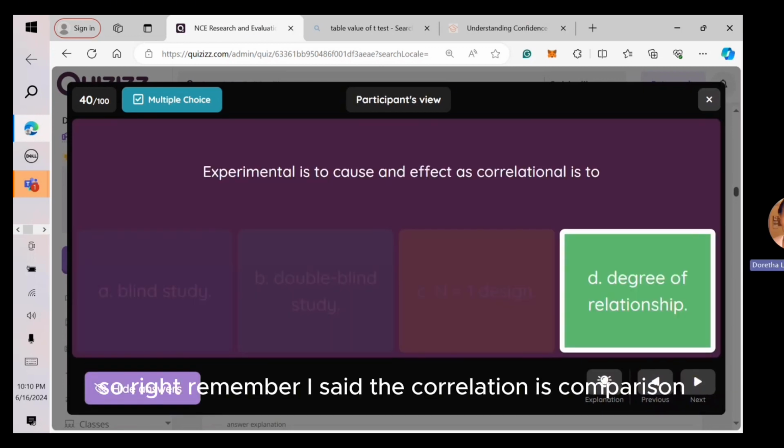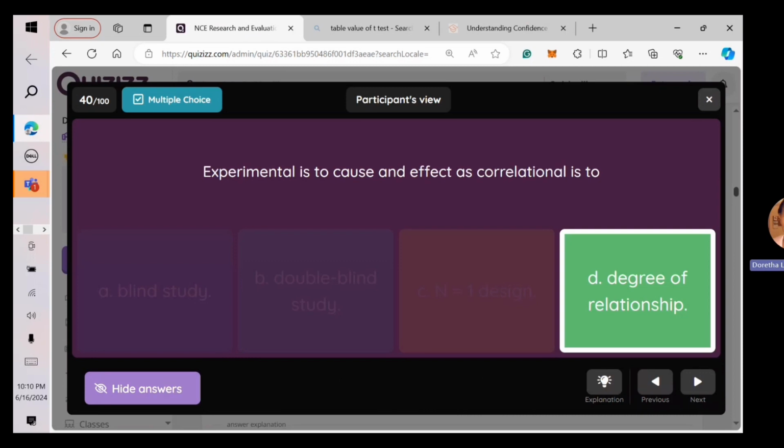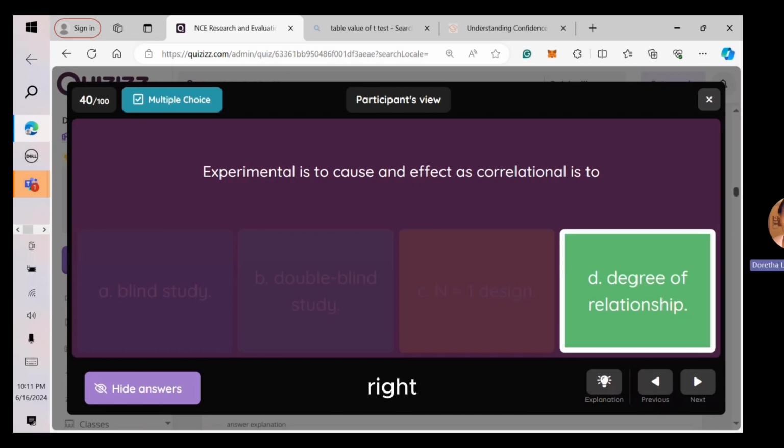So remember I said correlation is a comparison between two variables. So it's going to be the degree of relationship. Does A cause B? Does the independent variable cause the dependent variable? Is there a degree of relationship between those two?